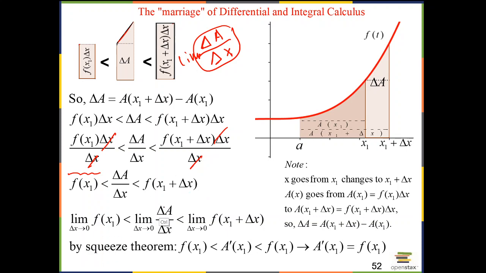So by the squeeze theorem, the limit in the middle has to be the same as the limit on the left and the right. And that means that the limit in the middle, which is the derivative at x1, has to be f of x1, right? So the limit has to be f of x1 too, because those two limits are f of x1, right? This one and this one.